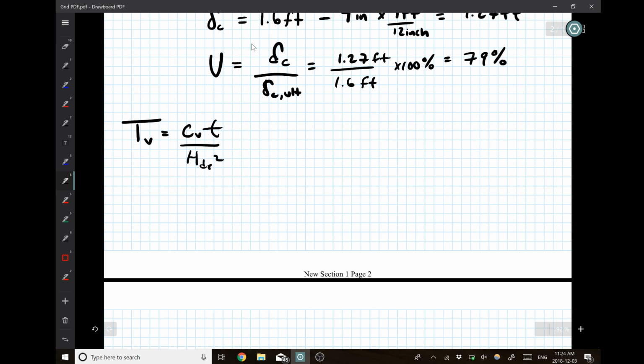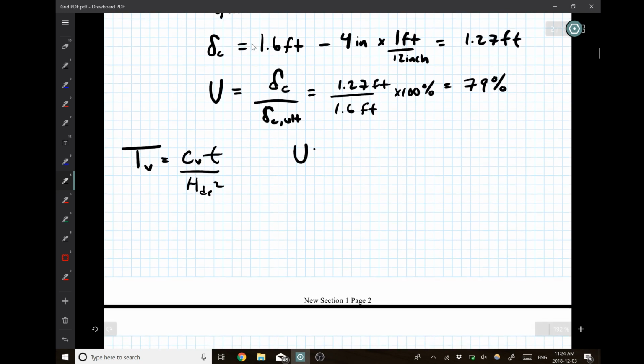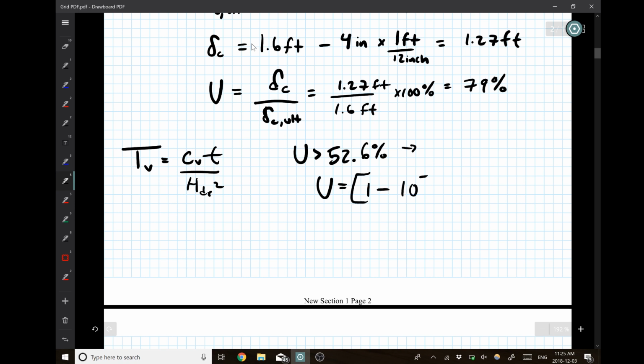There are 2 equations that relate TV and U, but we know that since our U is greater than 52.6%, U must be equal to, actually I'm going to write it down here because it's a big equation, 1 minus 10 to the power of negative (0.085 plus TV) over 0.933, times 100%.